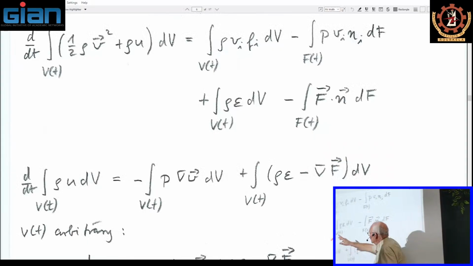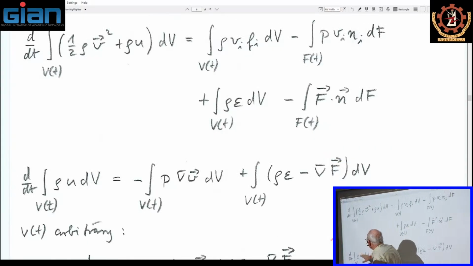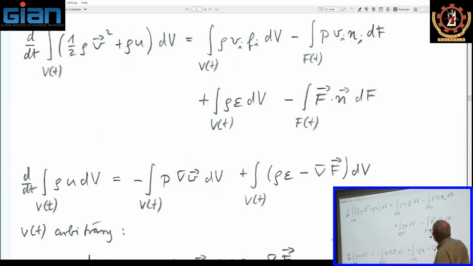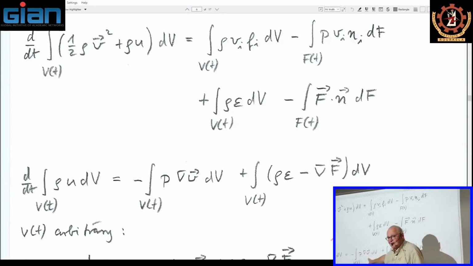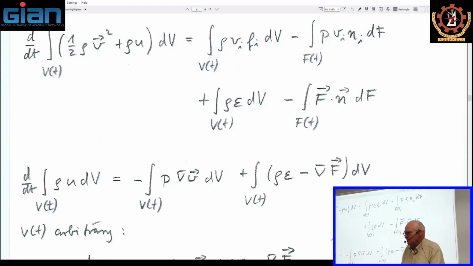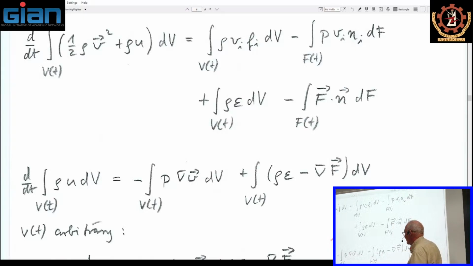We replace the change of kinetic energy on the left-hand side. We are left with the change of the internal energy, which is the remaining term from the change of kinetic energy. These terms are already present in the change of the kinetic energy, so they will cancel, but there is one term which is left, which some of you asked about before.